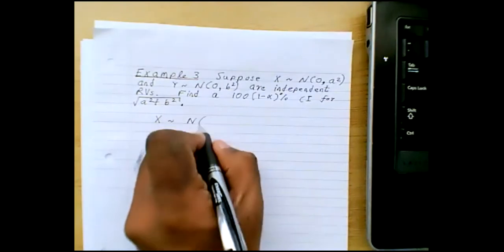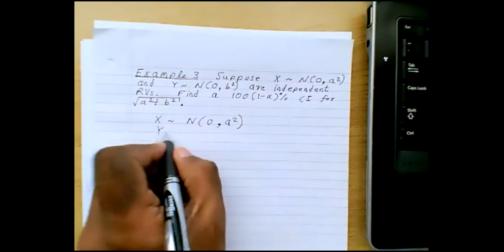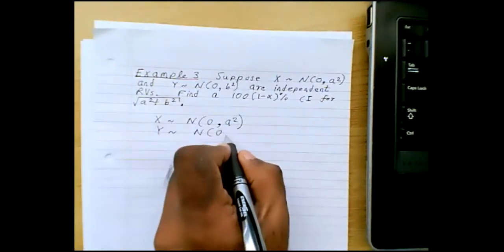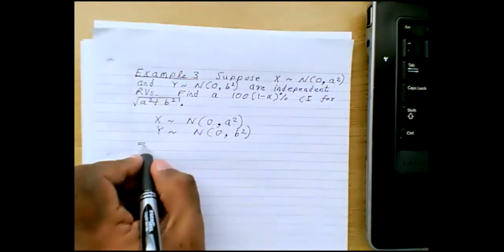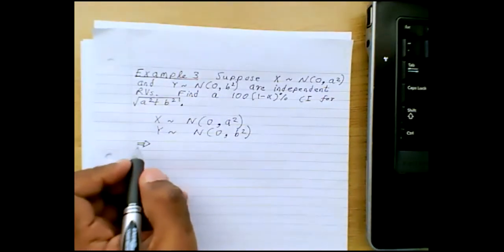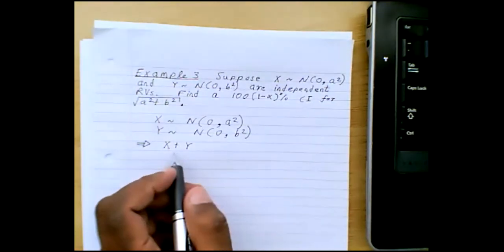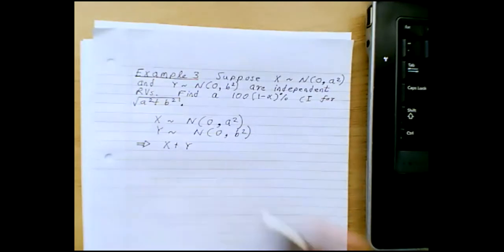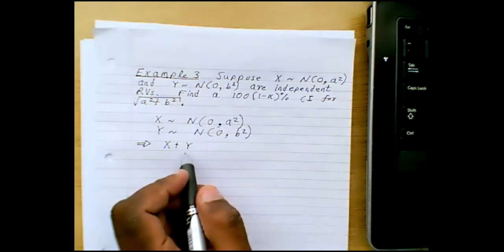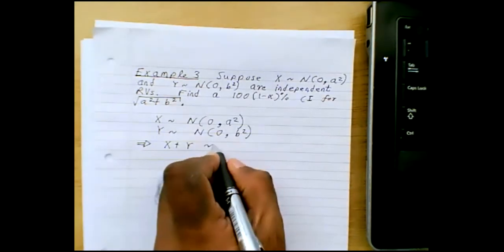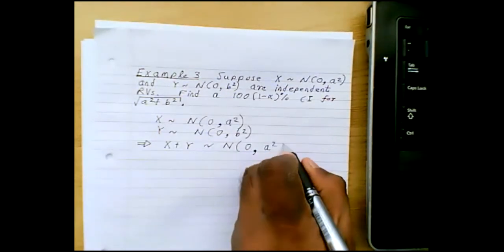Now let me write it down. X is normal with parameters 0 and a squared. Y is normal with parameters 0 and b squared. We learned this in the video on the normal distribution. What is the distribution of X plus Y? X plus Y will be normal with parameters 0 and a squared plus b squared.